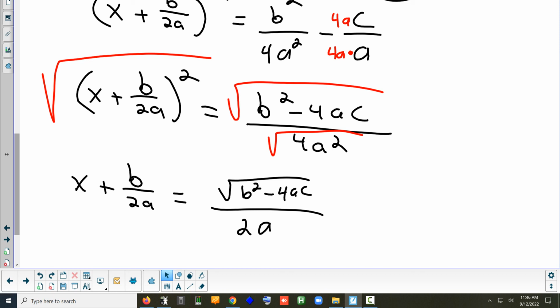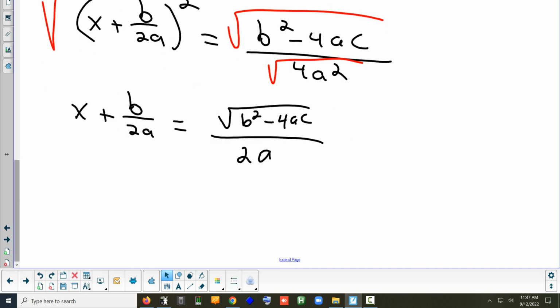So now we have the square root of b squared minus 4ac over 2a. Oh wait, that's not... And what would be my last step to get rid of b over 2a? Subtract it. Minus b over 2a. And I'm just going to put it right here.